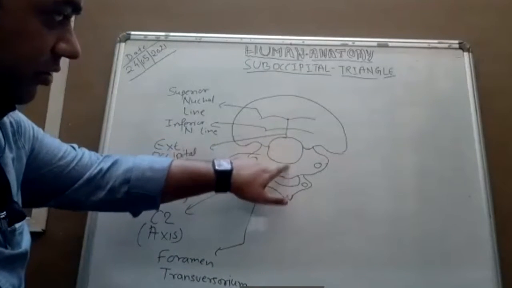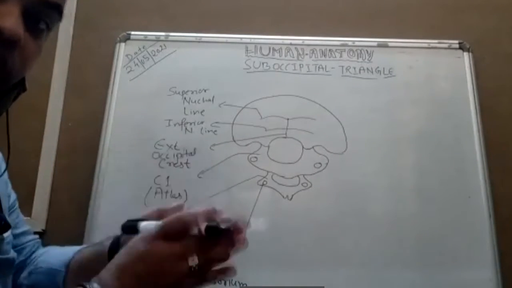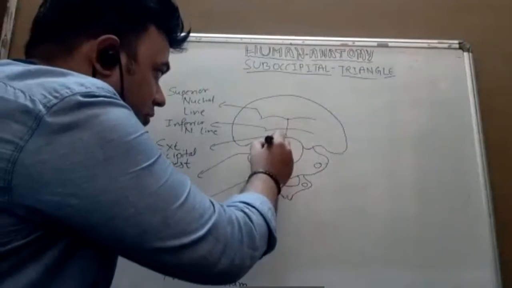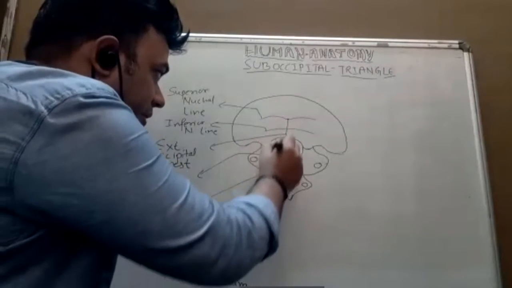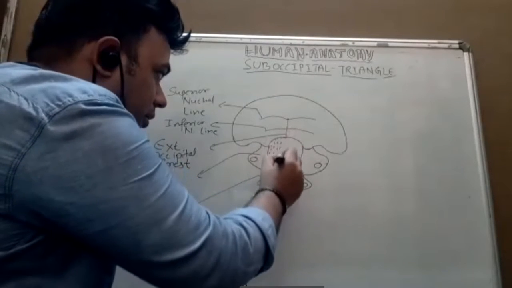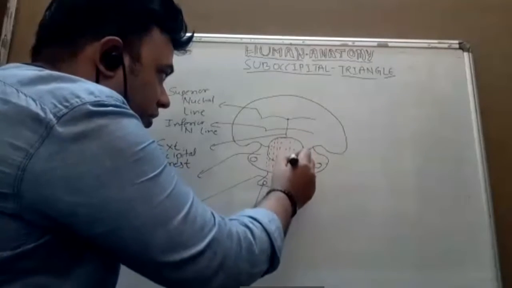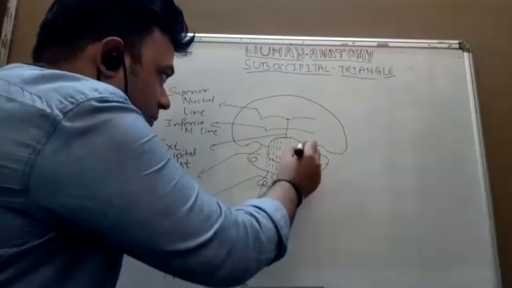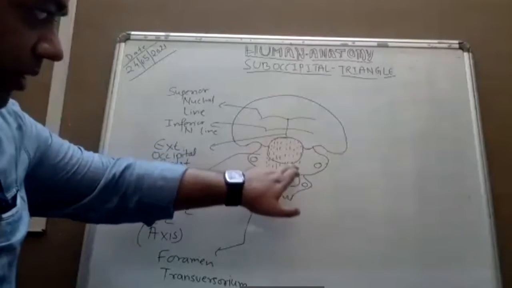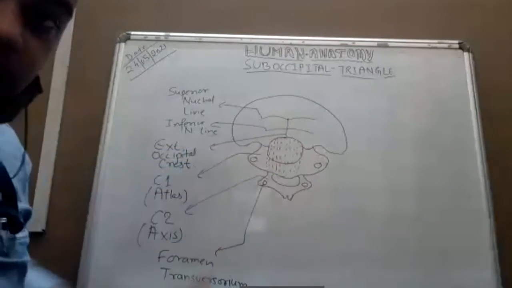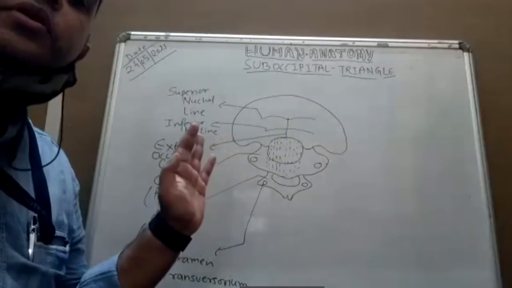So between this and this, there is a membrane that is known as the posterior atlanto-occipital membrane. So I will just draw the broken line. So this is posterior atlanto-occipital membrane. So here I will just confirm that posterior atlanto-occipital membrane and this posterior arch of the atlas, the first cervical vertebra, is forming the floor of the suboccipital triangle.